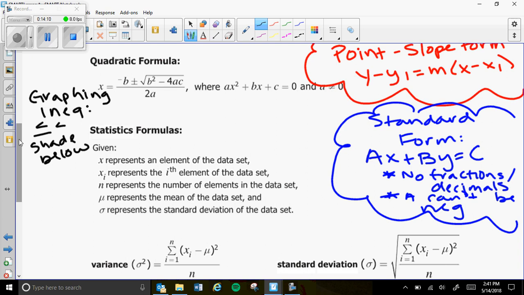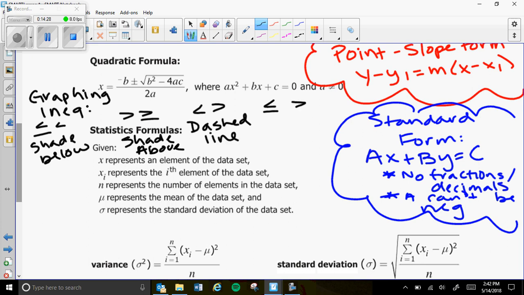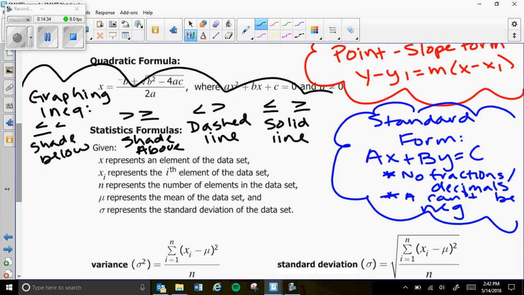If I have greater than or equal to, I shade above. If I have less than or greater than, I have a dashed line. And if I have less than or equal to or greater than or equal to, I have a solid line. So just make sure that all of these get added onto your formula sheet, please.